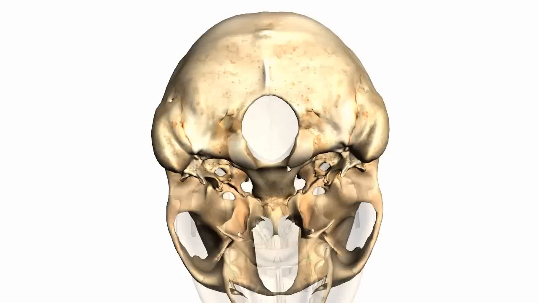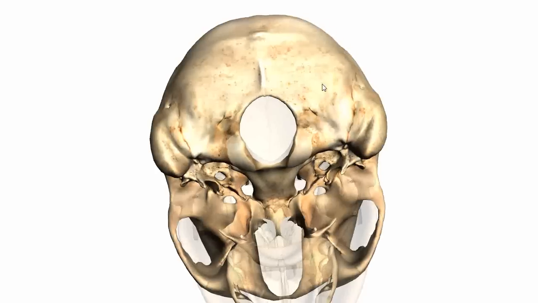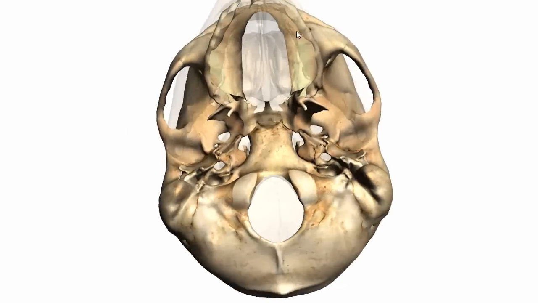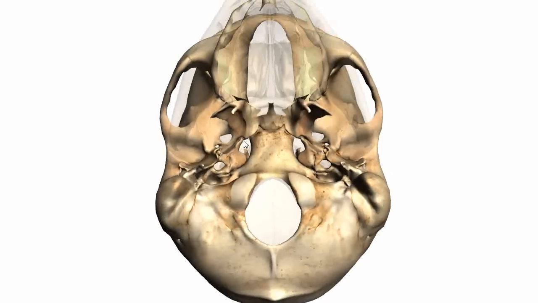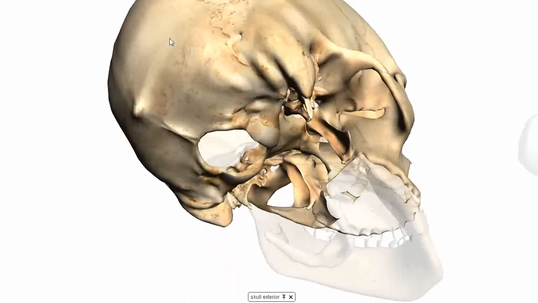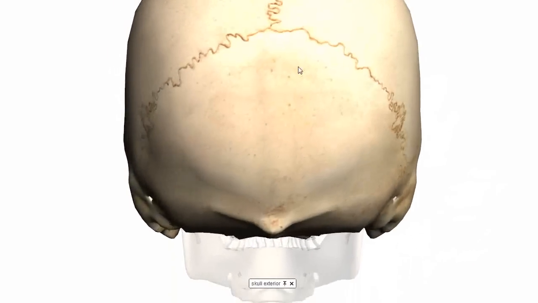And then you've got this bit here, which is the basilar part, just anterior to the foramen magnum. So you've got the 2 lateral parts either side of the foramen magnum, the basilar part, which is anterior to the foramen magnum, and the squamous part at the back, which is the flat bit.